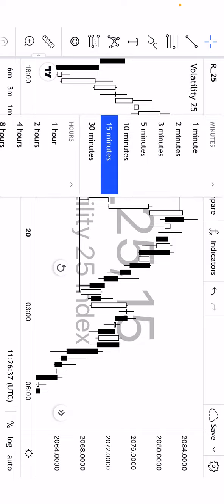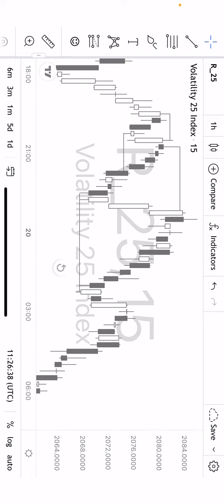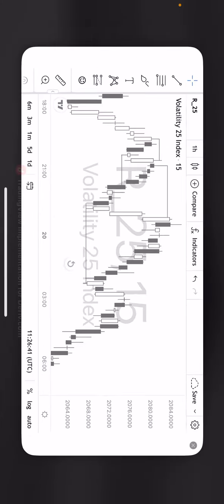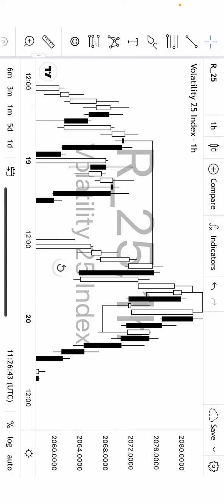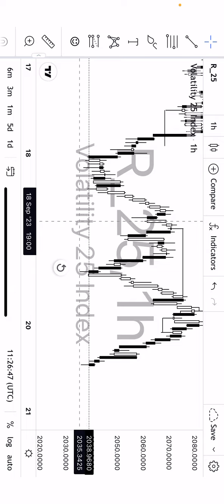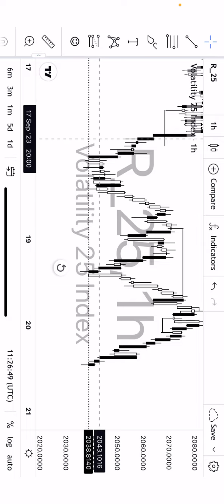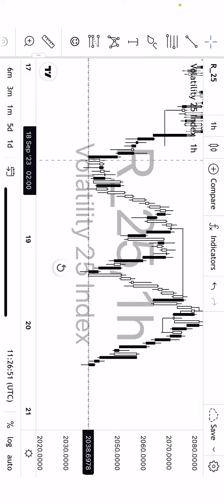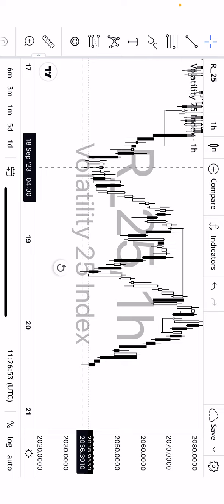Now, the reason I did not take that as a BMS on this 1 hour time frame is because, guys, this is an external liquidity. It's not major liquidity. The market can take external liquidity and still come back to take inducements. My people know what I'm talking about.